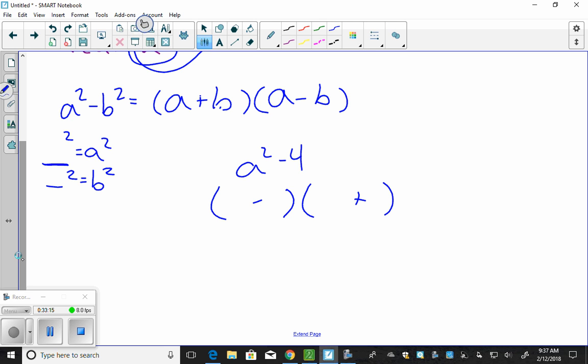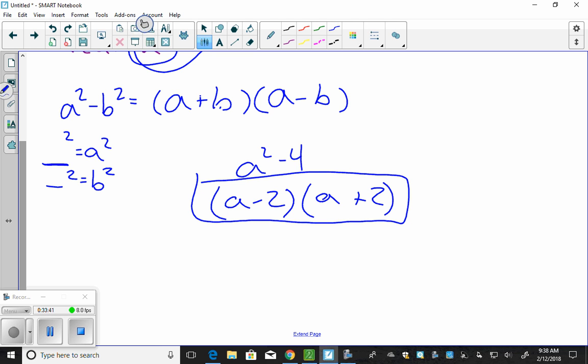It doesn't matter what order you put the plus or minus, just put them in there. What letter do I square to get a squared? A goes in front. What number do I square to get 4? 2 goes in back. That's your answer. That's all you do.